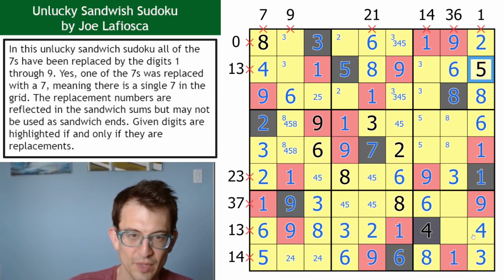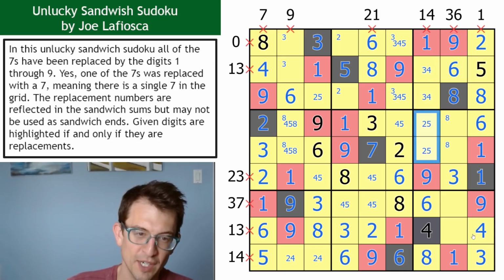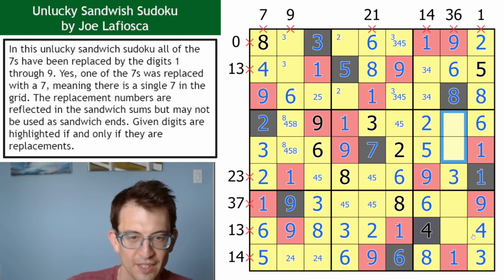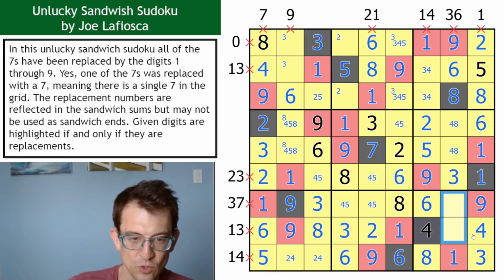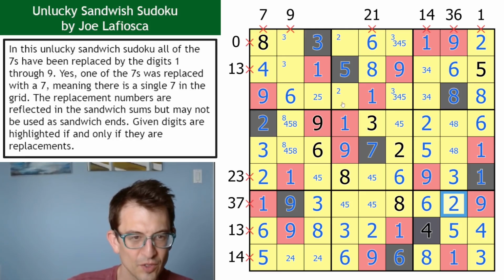That's 2. Meaning this is now a 3, 4 pair. I mean, this is a 2, 5 pair, but that can't be 2. This is now 4, 8. This is 2, 5. I know that. Well, this can't be 2 anymore.